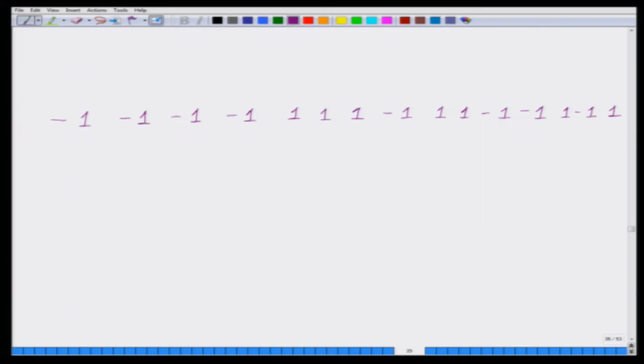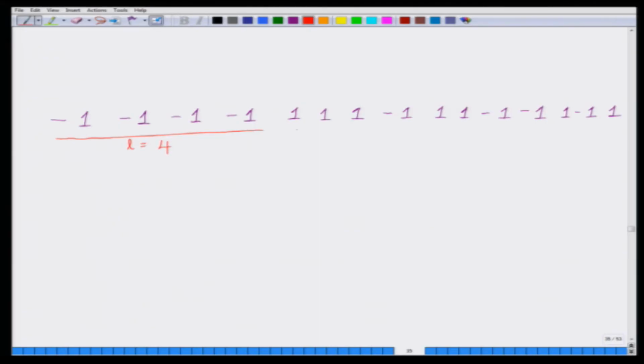So, this is my length 15 PN sequence. Now, let us look at the runs, that is, the strings of continuous values. I have one string of 4 minus 1s here. So, this is my first run, of length equal to 4.